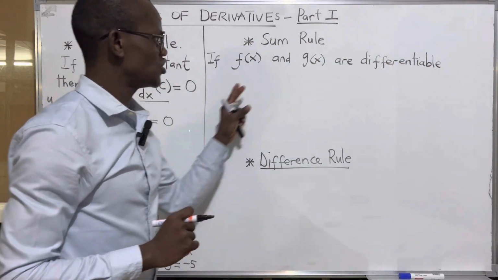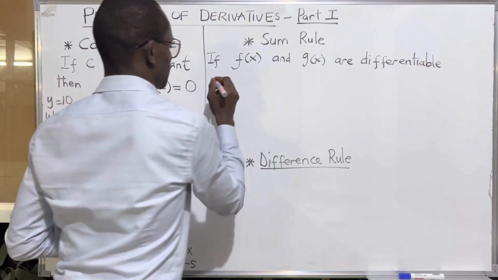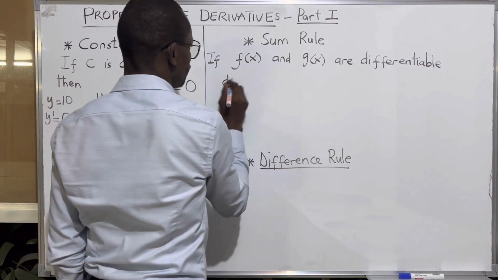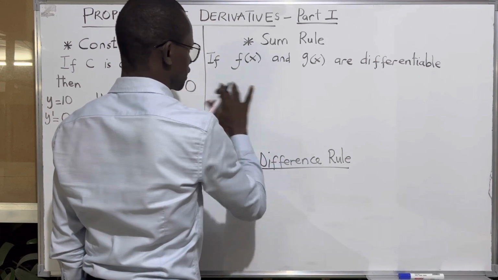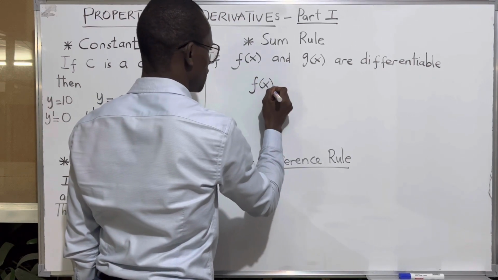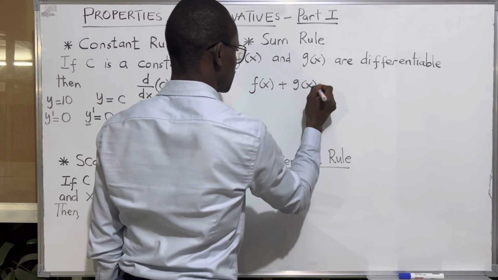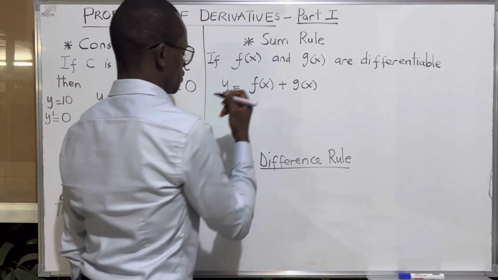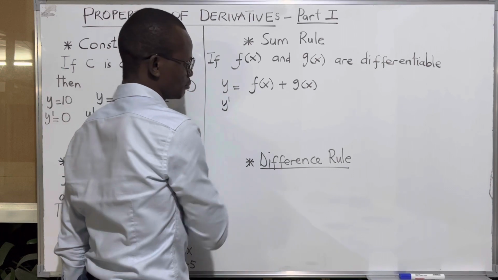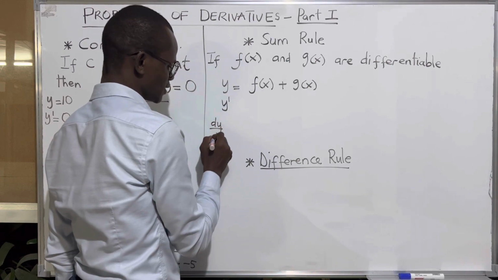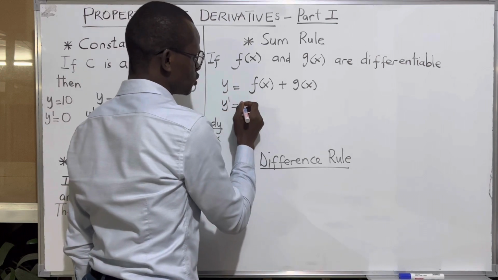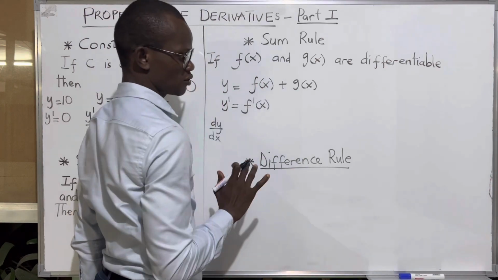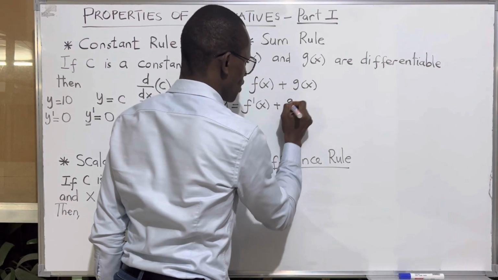If f of x and g of x are differentiable, then the derivative of the sum of these two functions, that is, if you have y equals f of x plus g of x, we are saying the derivative, which is y prime, or you can say dy by dx, is just equal to f prime of x, which is the derivative of this function, plus g prime of x.